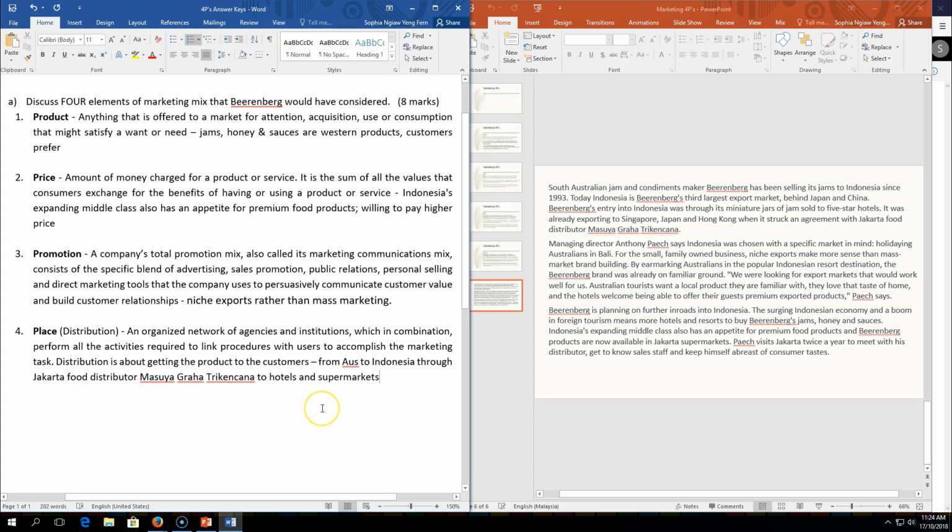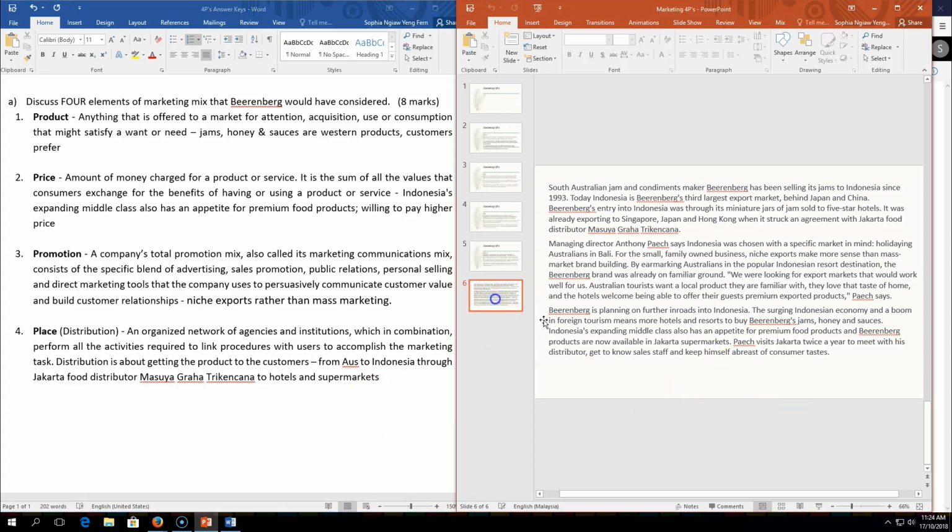Through this food distributor, they are able to place their products in the hotels and supermarkets, which are the niche markets that they're targeting, and from there the product ends up with end customers who happen to be Australian tourists and other people on holiday. Alright, so this is how you should explain place.